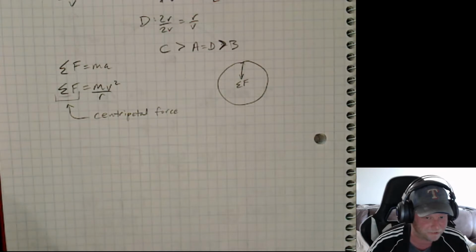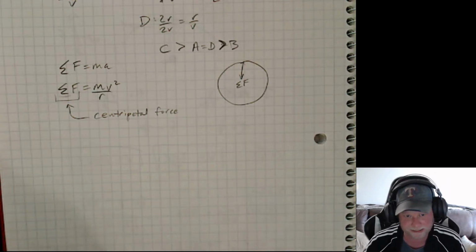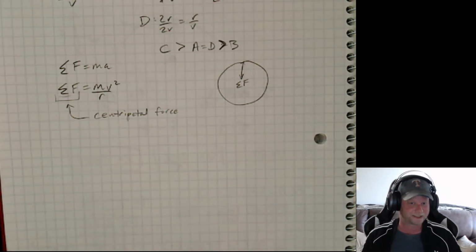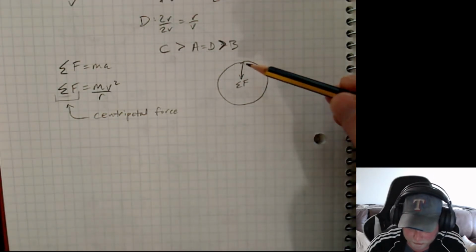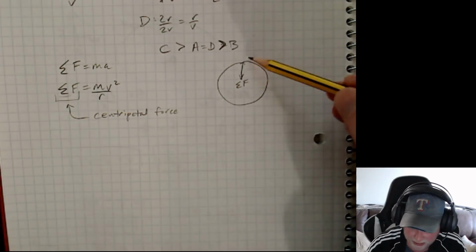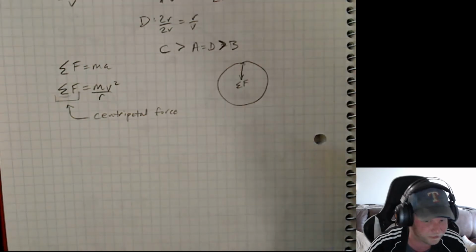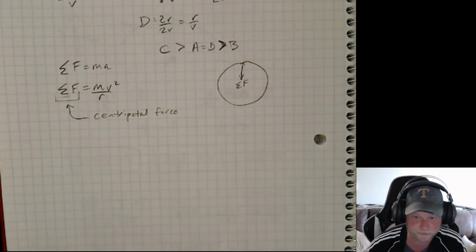It's not a brand new force, it's simply the net force when we're dealing with circular motion. So don't fall into that trap of thinking that this centripetal force is some brand new force that we've just discovered. It's just a fancy name for the net force in this case. So the centripetal force points inwards, the centripetal acceleration points inwards, and your instantaneous velocity points tangential to both of those vectors.